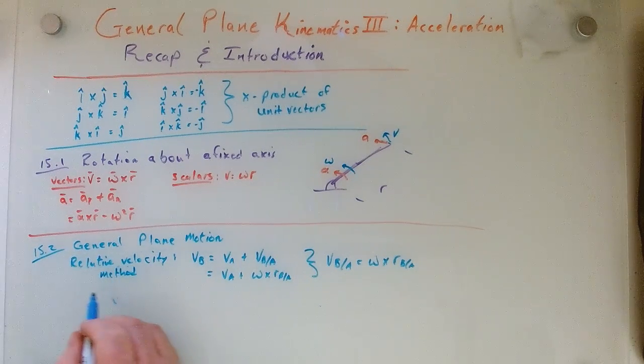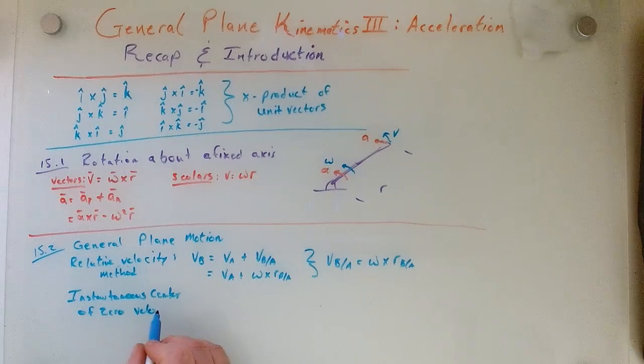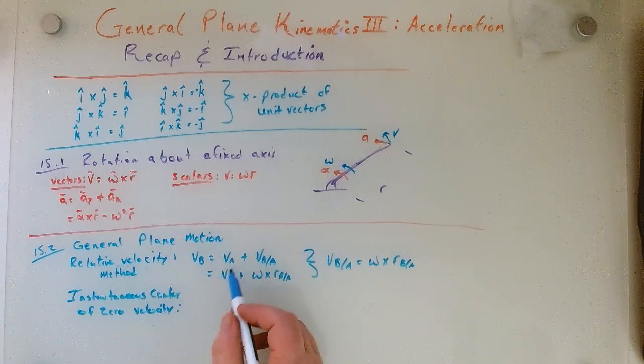We also learned about the instantaneous center of zero velocity. That was a pretty cool shortcut because what it allows us to do is to disregard the translational component.